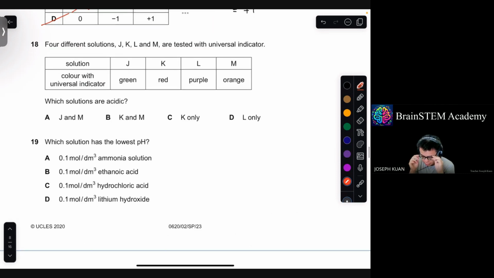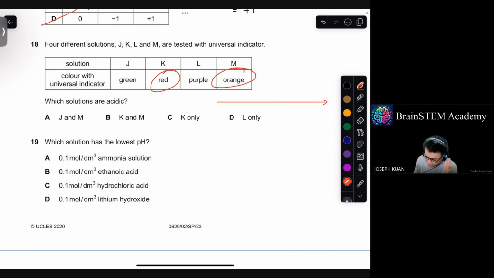All right, moving on to question 18. 4 different solutions, J, K, L, and M, are tested with universal indicator. Which solutions are acidic? Now, acidic should be red, orange, right? Remember, universal indicator is known as the rainbow solution. The first few colors of the rainbow, red, orange, well, those are acidic.